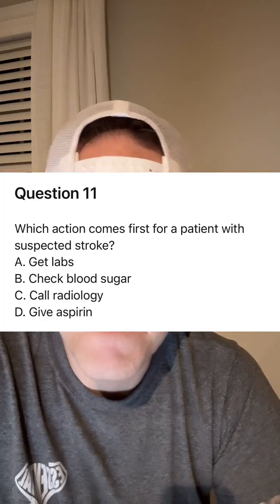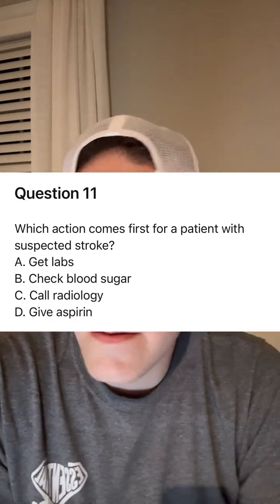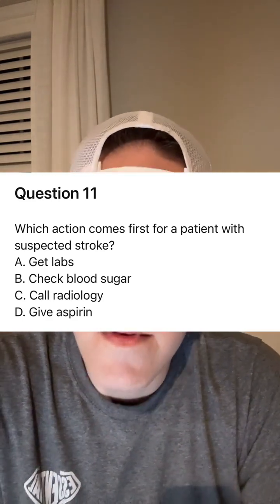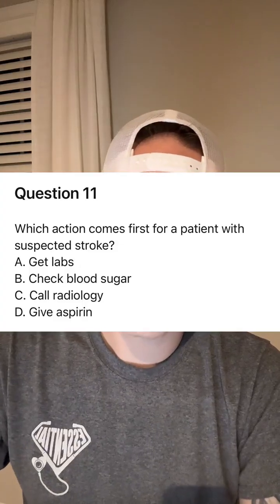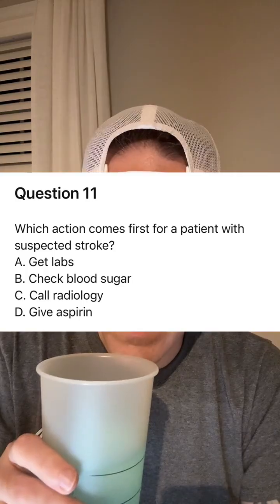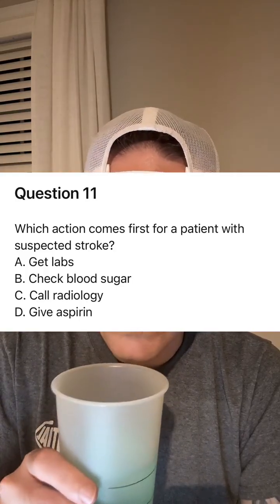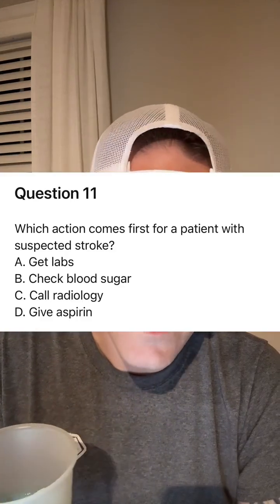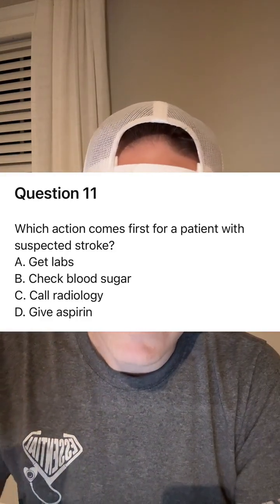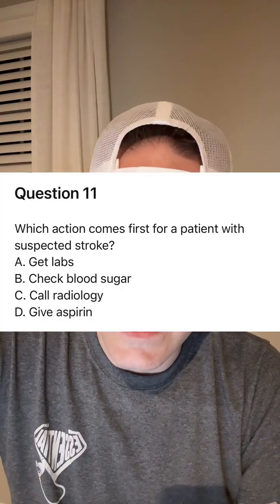What do we got? I see a B, a C, a D. Oh, you guys are all over the place here.